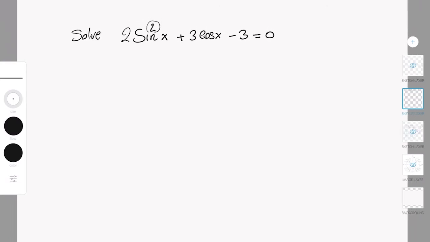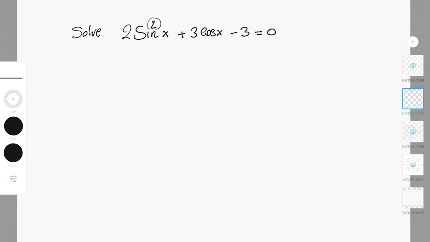So we have degree 2. So we would try to use the quadratic technique, but we have sine and cosine. So we cannot just apply that, because in the previous question both of them were sine. So for a question like this, we need to make everything in one term. We should make everything in sine or everything in cosine. So instead of sine squared, I can put 1 minus cosine squared of x.